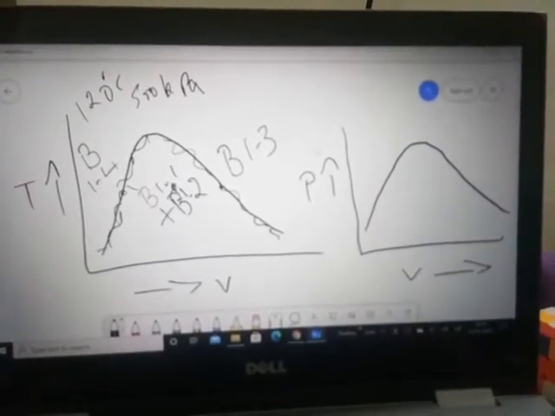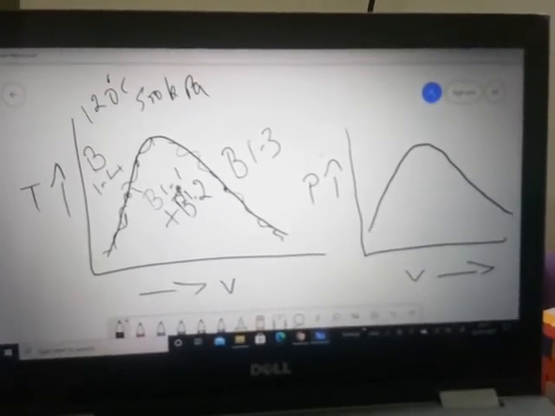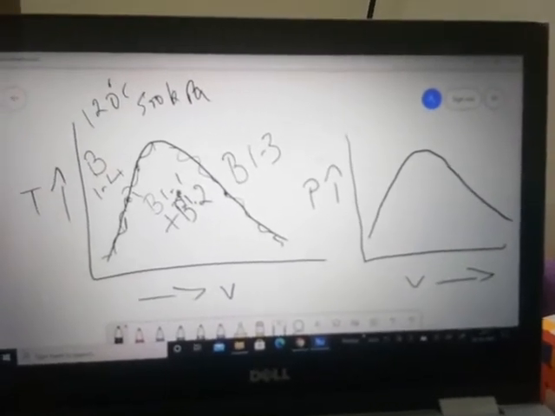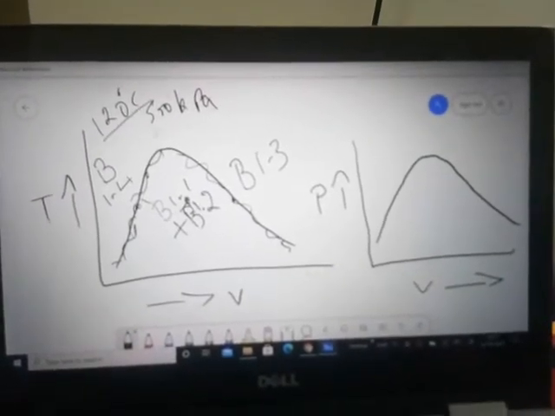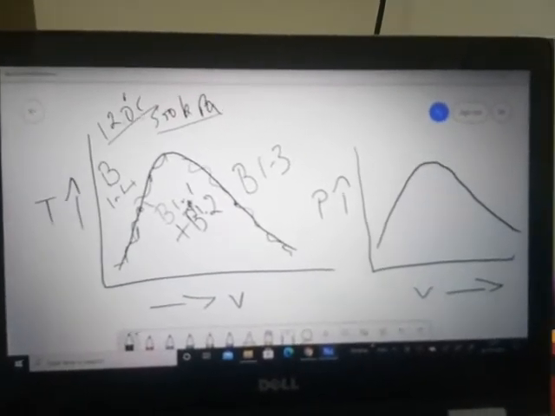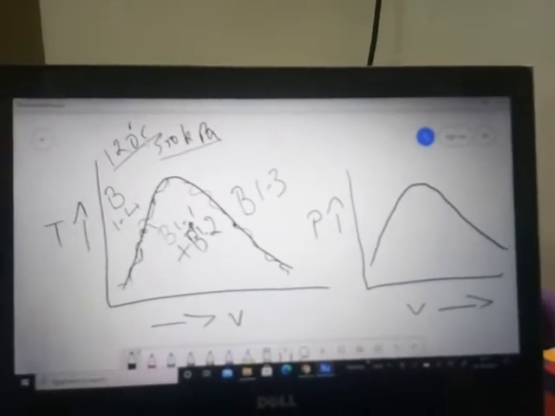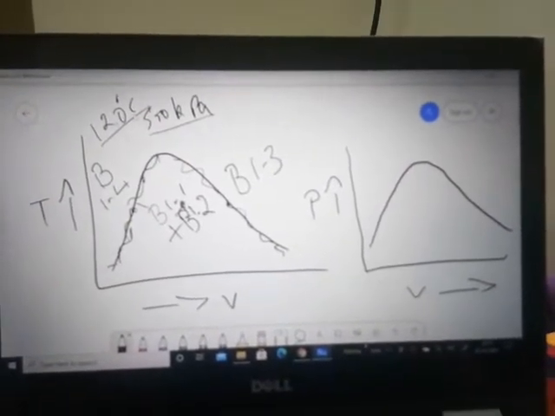You see that the saturation pressure is 198 kilopascal. Let's say 200 kilopascal. But your question said you are at 120 degrees and 500 kilopascal. So for this particular temperature, the saturation pressure is 200 kilopascal, but you are at 500 kilopascal.